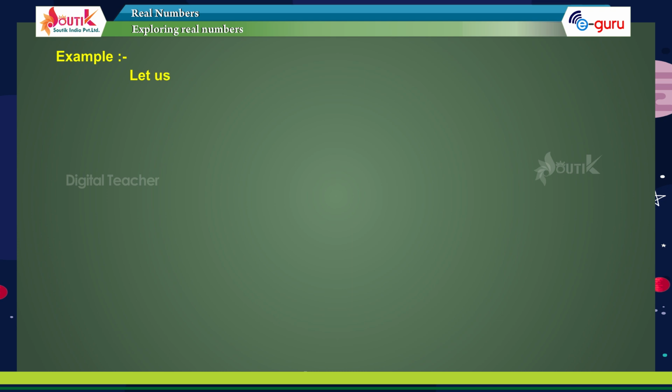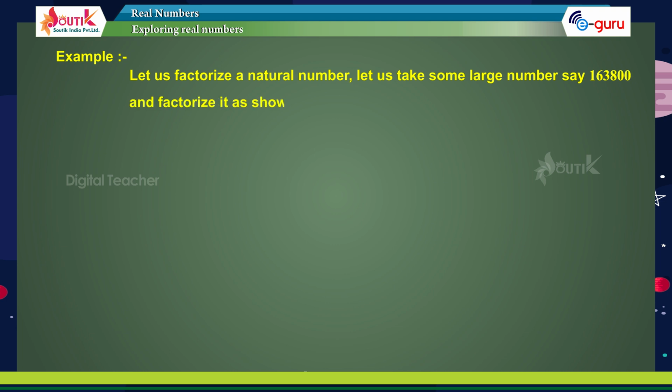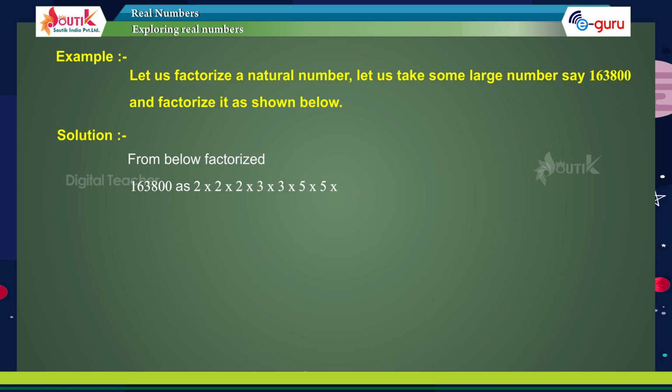Example, let us factorize a natural number. Let us take some large number, say 1,63,800, and factorize it as shown below. Solution. From the factorization, 1,63,800 is 2 into 2 into 2 into 3 into 3 into 5 into 5 into 7 into 13.